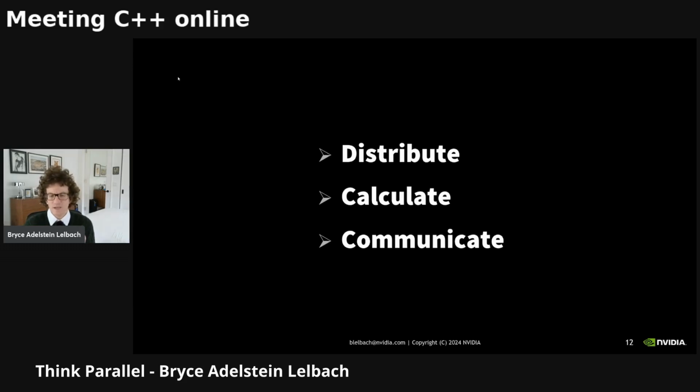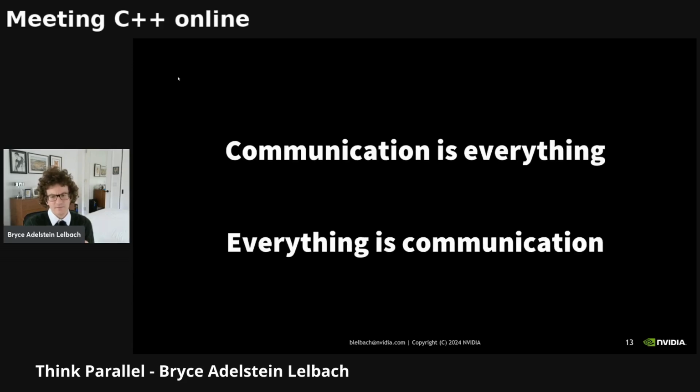And then next, what calculations need to be performed on each tile of work? And then finally, what communication needs to happen between those tiles? And of these 3, communication is the most important to identify and understand, because communication often dictates how you distribute and what and when you should calculate.